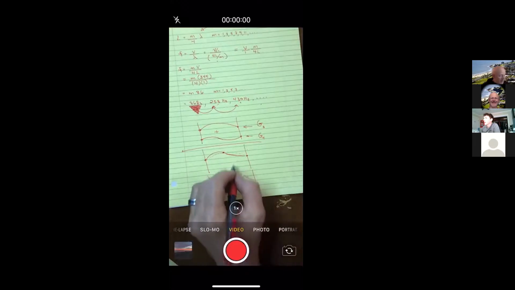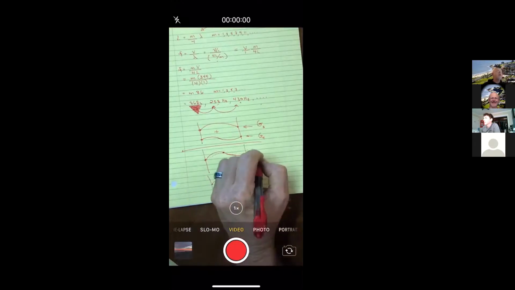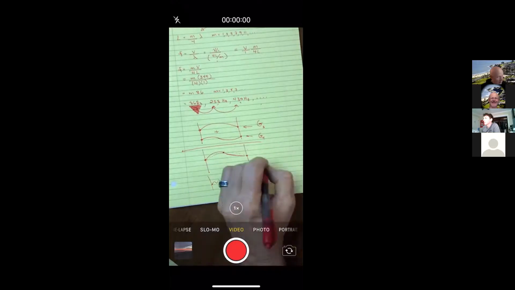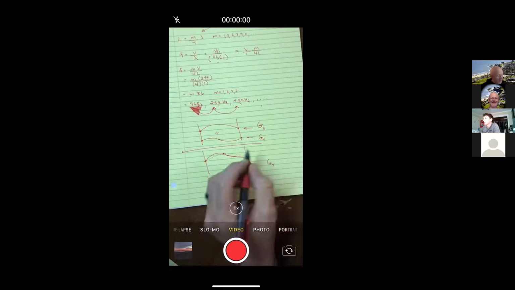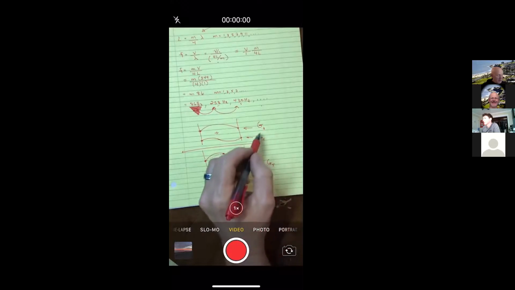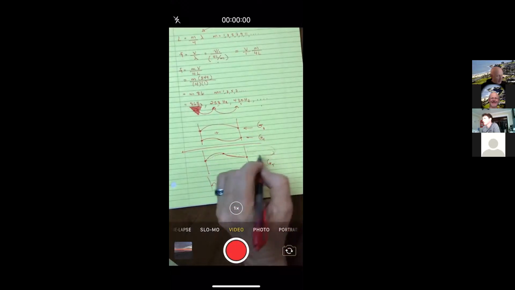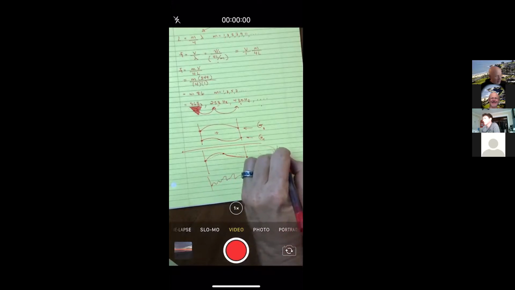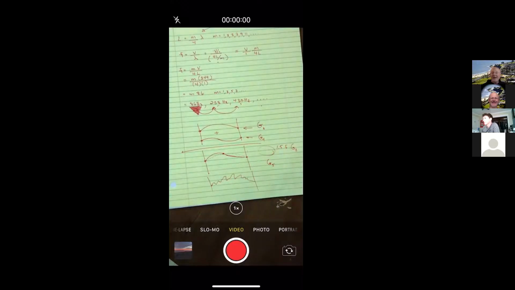Then the fourth harmonic would be G5 because it would be doubled and then doubled again. The third harmonic, I don't know what it would be. It would be 1.5 times the frequency of G3, and I'm not sure where that comes out to be.